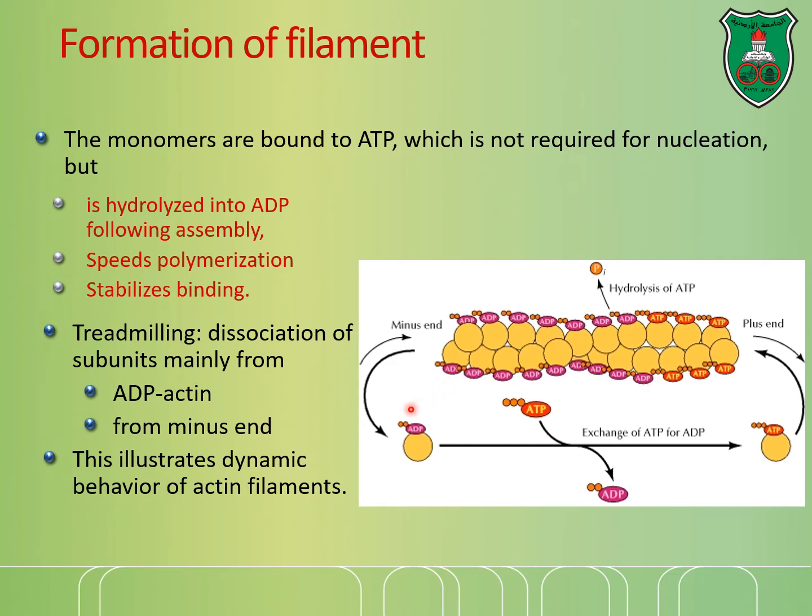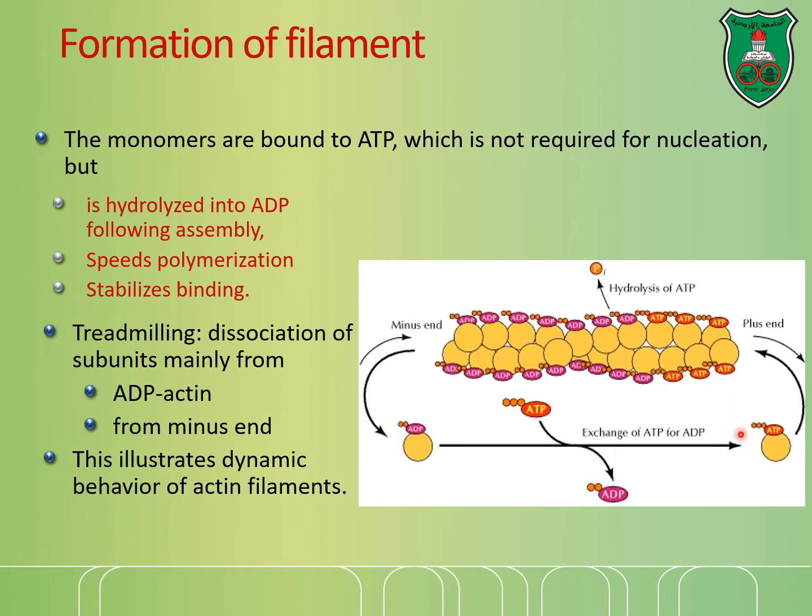Now, what happens is that once it's added to the plus end, the ATP molecule is hydrolyzed to ADP, it becomes less stable, and there is a tendency for the G-actin to be removed from the other end, from the minus end.